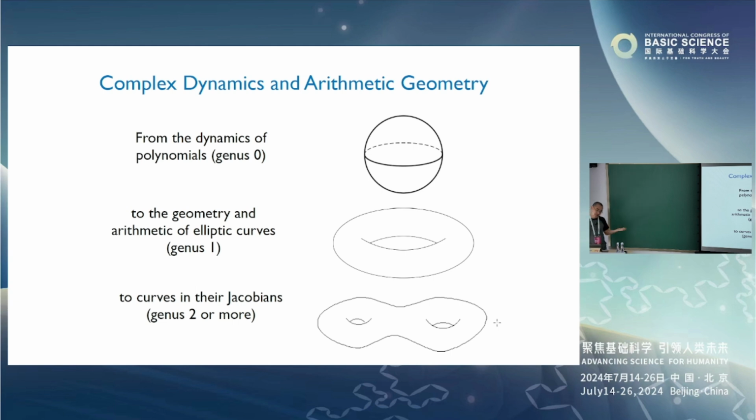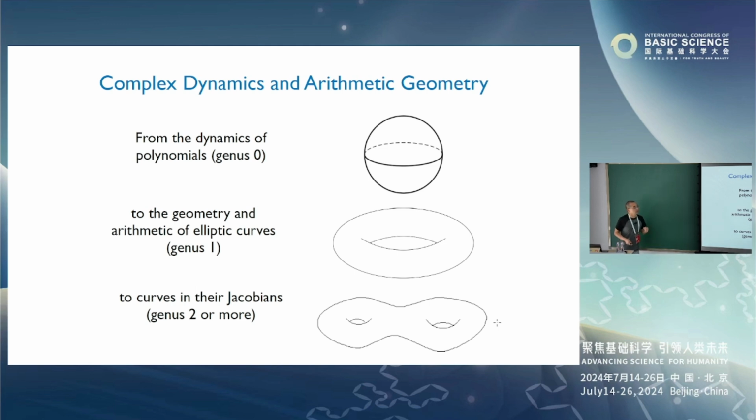Complex dynamics started about 100 years ago, and especially in the 1980s, with the development of computer science, people could see pictures of the dynamics. For example, you can see the Mandelbrot set, the Julia set, all these kinds of things.